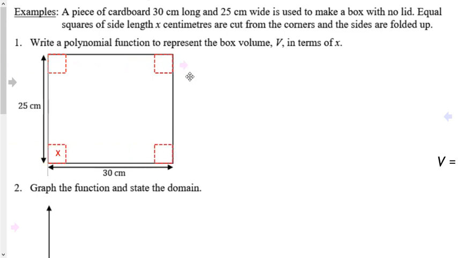And here I just put in that dimension of x, where we can see that the side length, both going vertically and in this direction, for both of those, the dimension is x because those are squares. Well, when we cut out those corners, our dimensions for the box will change slightly.